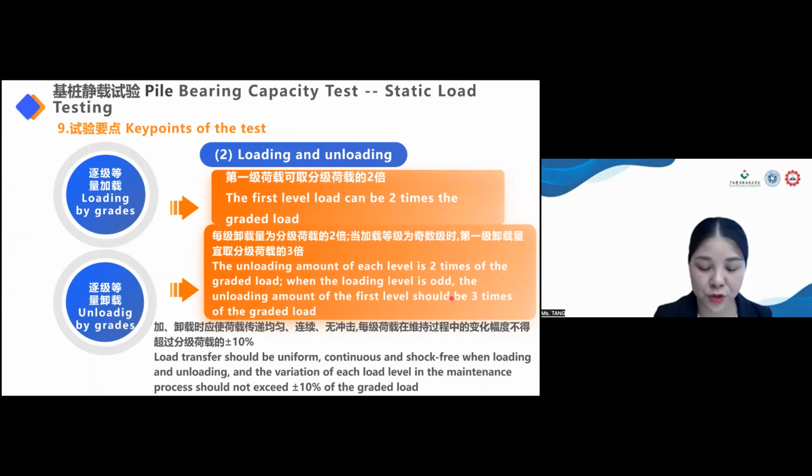Load transfer should be uniform, continuous, and shock-free when loading and unloading, and the variation of each load level in the maintenance process should not exceed 10% of the graded load.